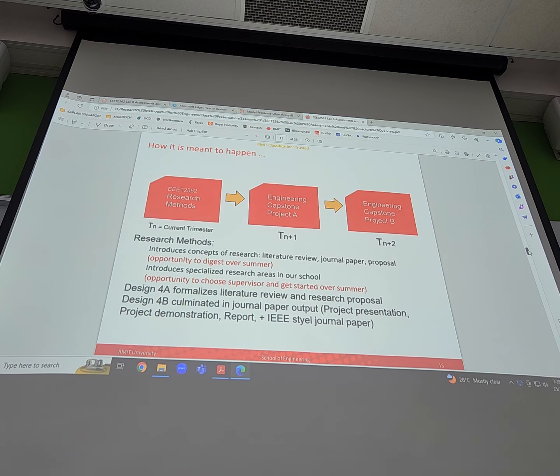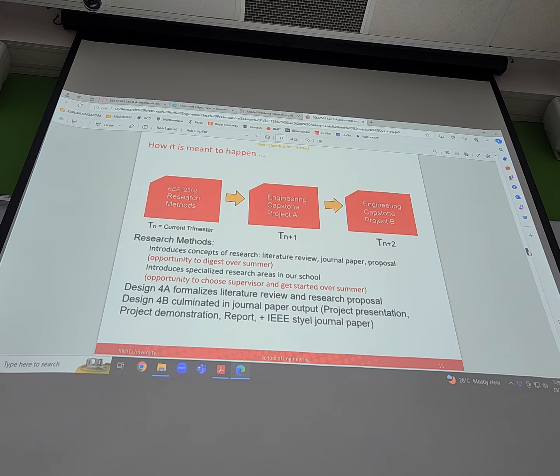A research proposal is a document where you tell: these are the objectives of your problem, this is the method which you are going to apply, and this is the current state of knowledge. That is the literature review. And you tell: this is my action plan.